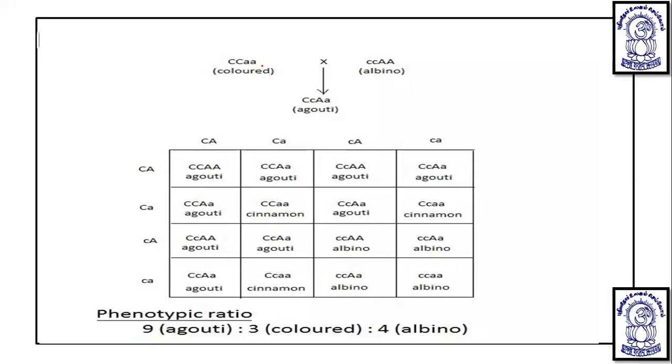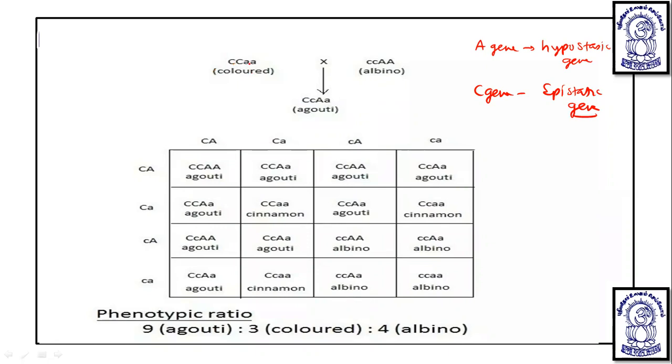Here, if you understand, the A gene is actually a hypostatic gene, and the C gene is epistatic. Why? Because here C is in dominant form, so it is not going to be epistatic.